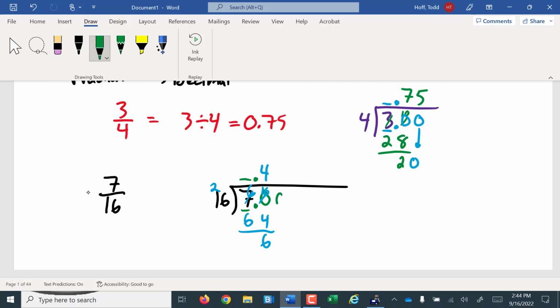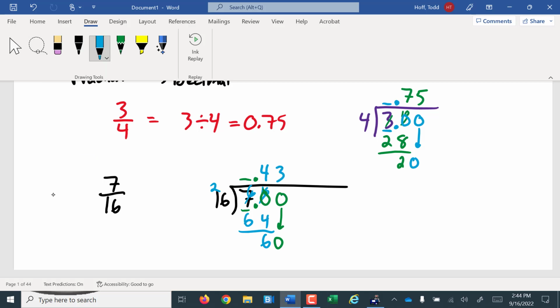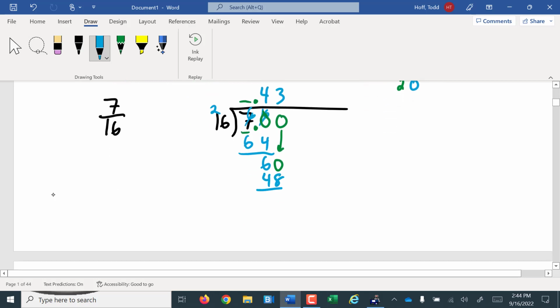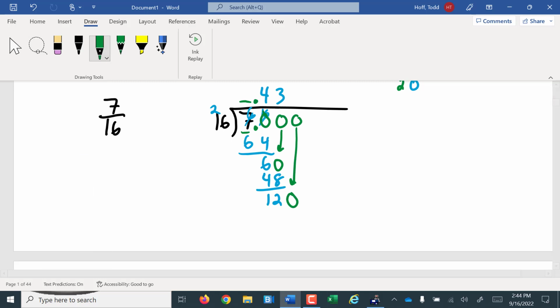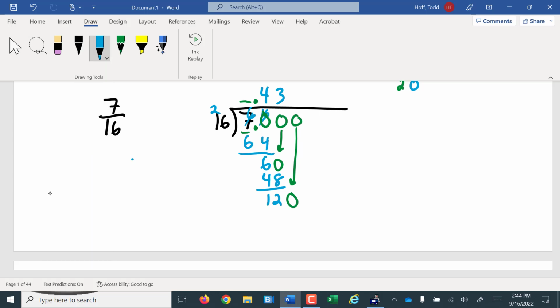And we'll add our 0 and bring it down. 16 goes into 60 3 times. 3 times 16 is 48. We subtract to get 12. Add another 0 and bring it down. 16 goes into 120. Well, we'll just try some. 5 times.